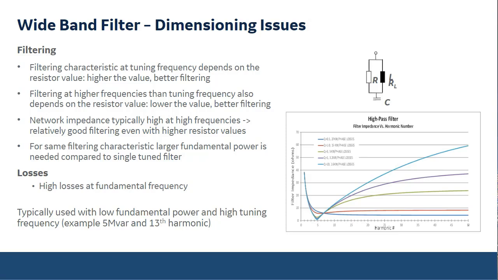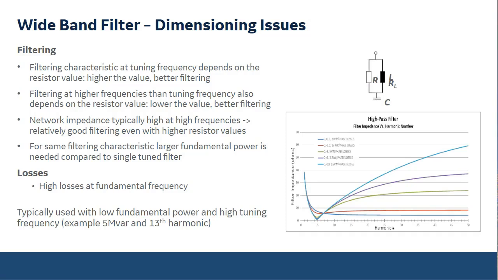The reason why we can even use these is that we don't have to use the lowest resistor value, which is the lowest curve in this picture where you have the impedances. We can use a higher resistor value.